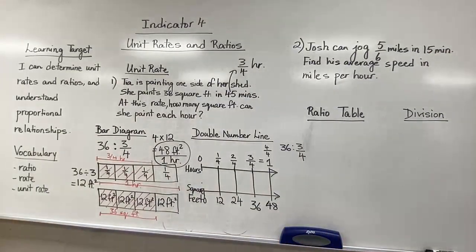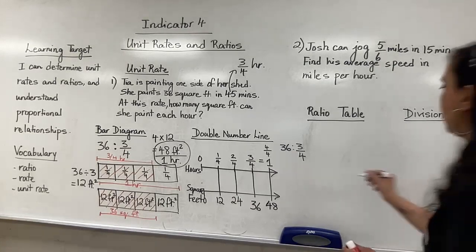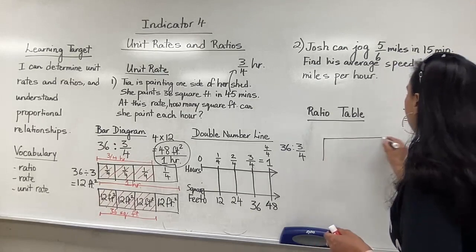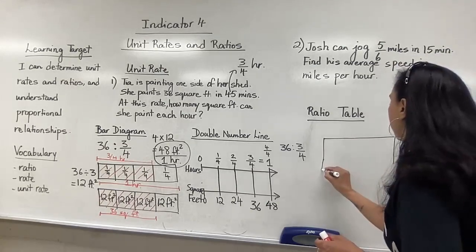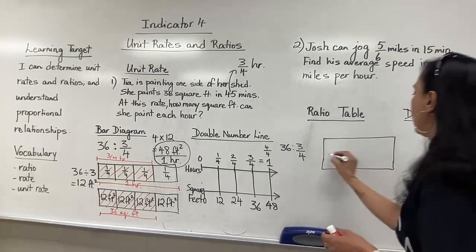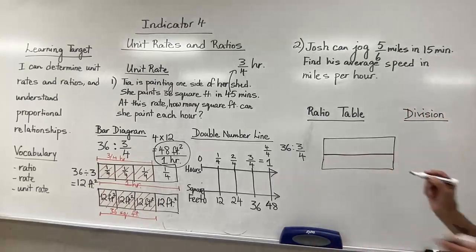Okay, the next thing that I'm going to show you is a ratio table. So we are going to make a ratio table like this. So ratio table, it goes like this.